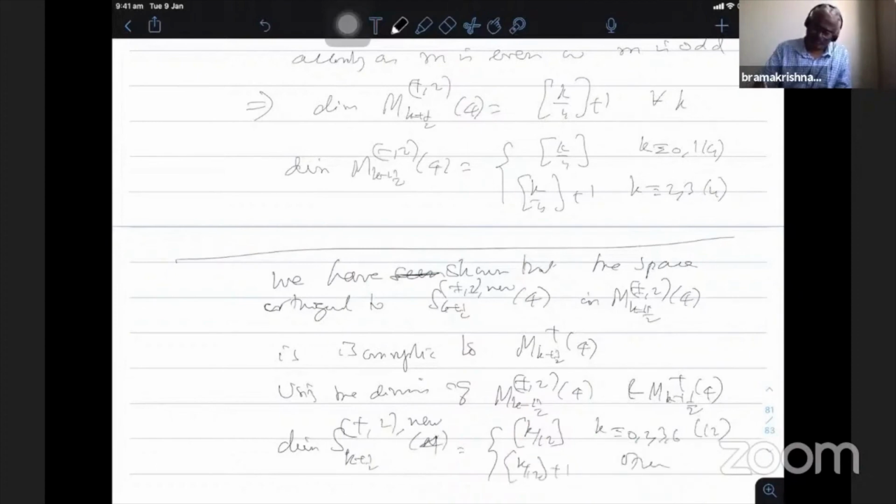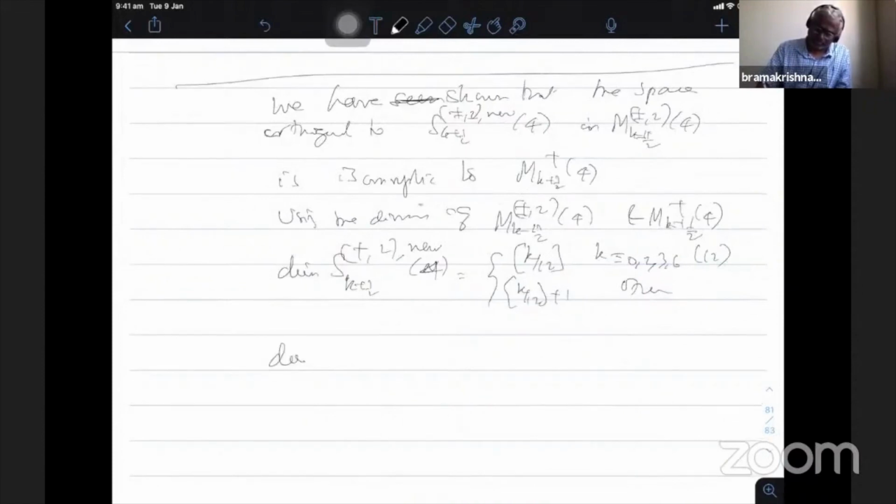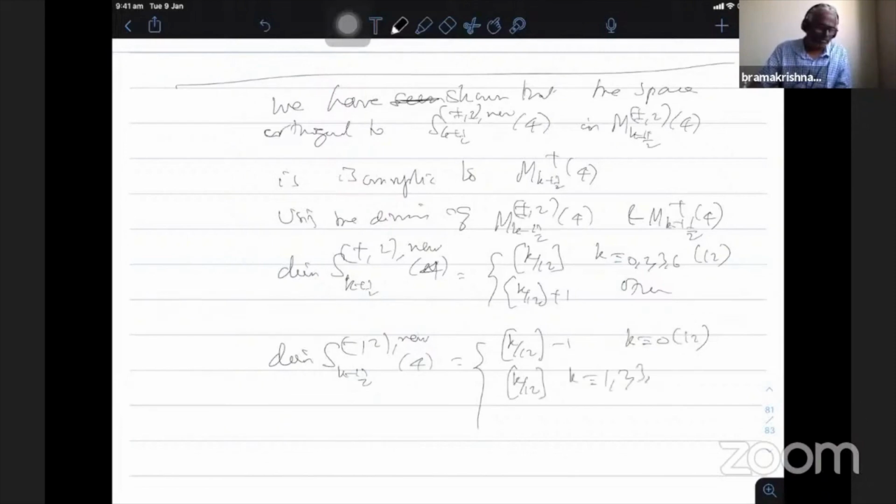In the other case, minus 2, the dimension of S_{k+1/2}^{-}(2,4) at level 4 is k/12 minus 1 where k is 0 modulo 12, k/12 if k is congruent to 1, 2, 3, 4, 5, 6, 8, 9 modulo 12, and the remaining is k/12 plus 1, k congruent to 7, 10, 11 modulo 12. Just by using that one can get it.